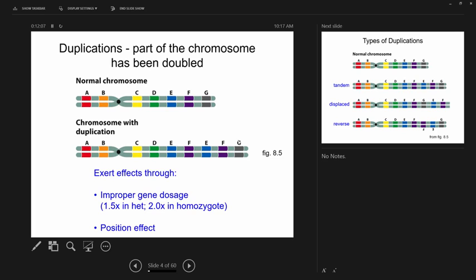Also, position effect. So we talked a little bit about promoters, the DNA sequence that doesn't code for anything, but will turn on or off a gene. If, for example, you take this and duplicate it over there, when you duplicate this part, you could be taking just the part of, let's call this a gene again, the E gene that's for protein coding, but the promoter was not taken with it.